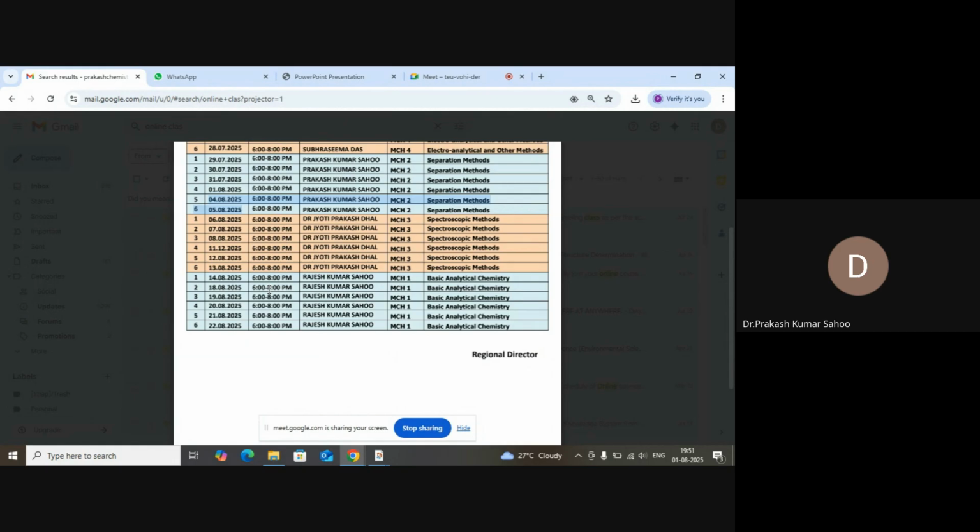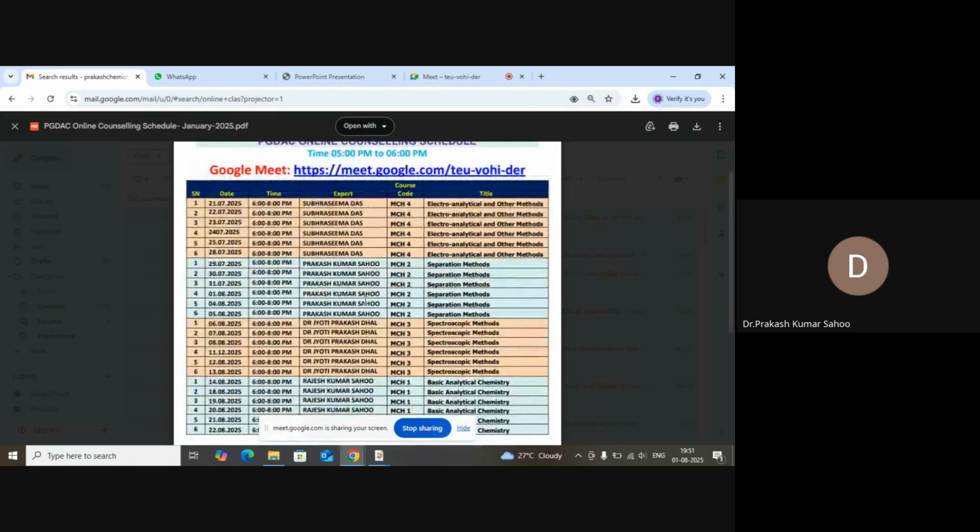And after completion of my class, Dr. Jyoti Prakash Dhal will take your class on spectroscopic methods, MCS-3, from 6 to 13, and then Dr. Rajesh Kumar Sahu, basic analytical chemistry, from 14 to 22. So this is how your schedule will carry on, and if no question is there, let's wind up the session.